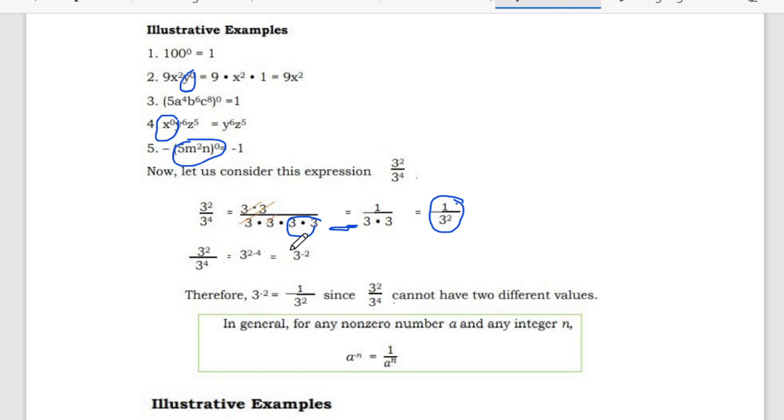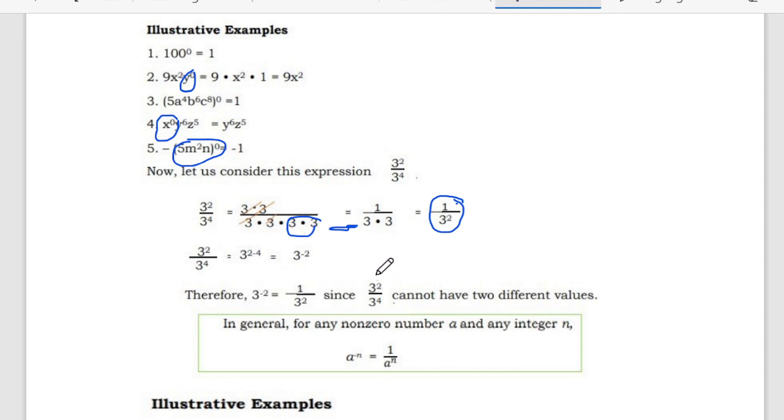So your answer is 3 raised to negative 2. So therefore, since the exponent is negative, you need to make it positive. So you have to get the inverse of this one, which is 1 over 3 raised to 2.